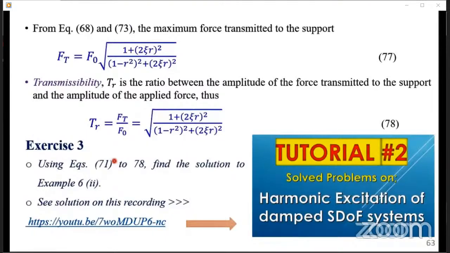So look at those examples, and let me know if there's any part that may need clarification. For today, I would like to stop there, so that next time we are going to look at when the forcing function is not harmonic. It's a general, non-periodic wave. So any question? The floor is now open to questions.